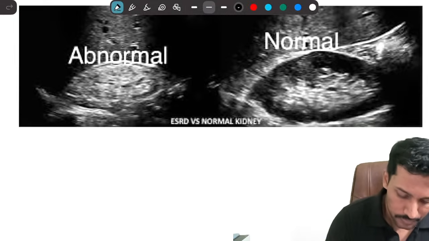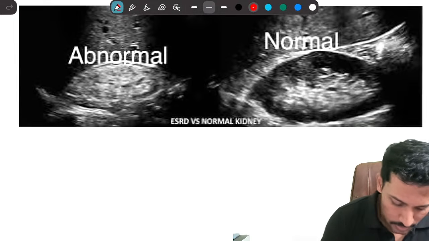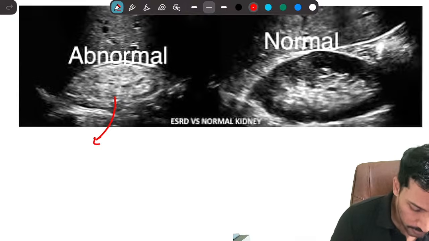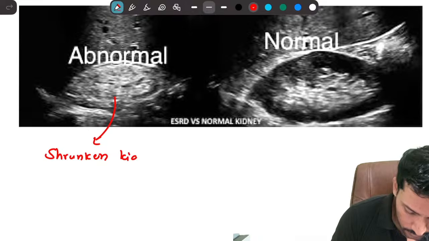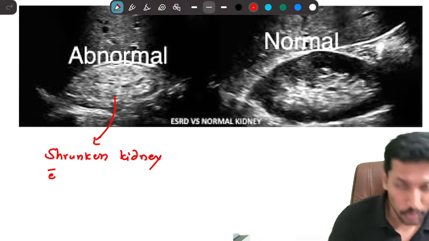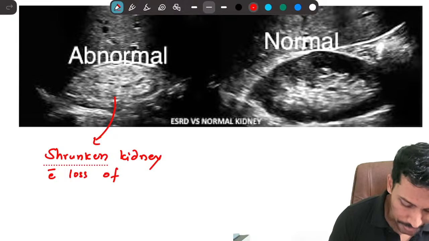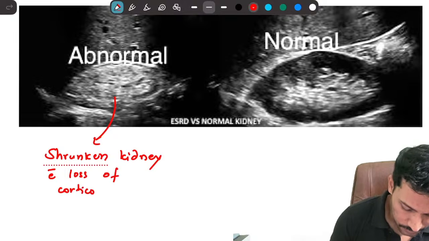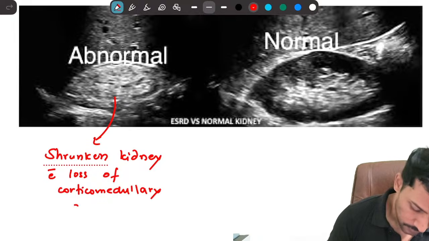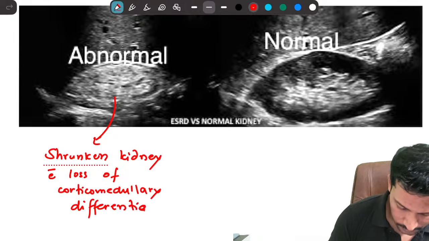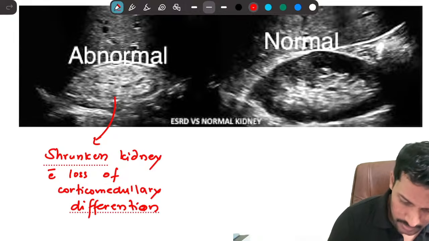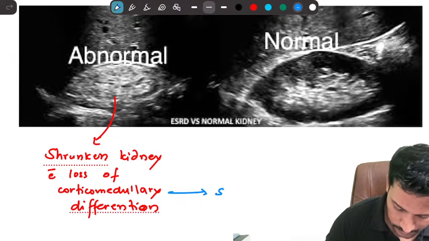So if you get a shrunken kidney, where you don't know where the cortex is, where the medulla is, with loss of corticomedullary differentiation, then it is suggestive of CKD.